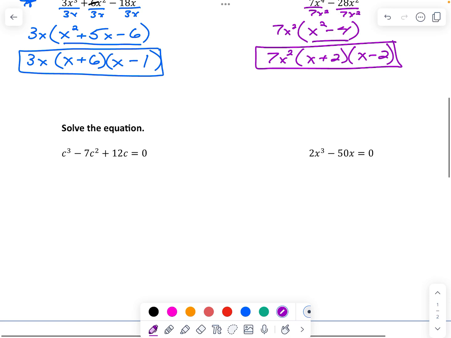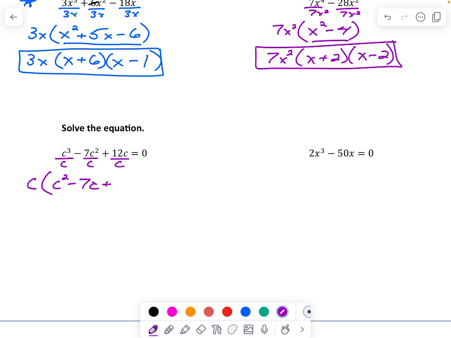Last two examples. Always look for greatest common factor first. So we do have a greatest common factor of c. We're going to divide everything by c, and write what we have left. C squared minus 7c plus 12. It still equals 0. Now we're solving, if you didn't notice. So we're going to keep that c out front.